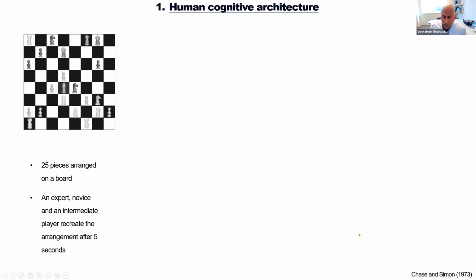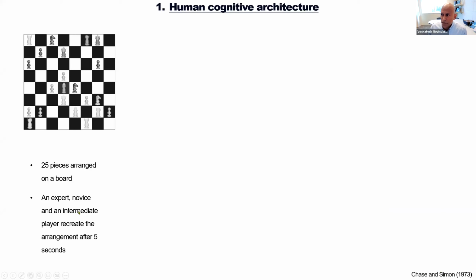Now, I should point out this was not the first study of its kind. There were others before this, including de Groot's study in the 40s. But this is considered a classic paper, so I'll just show the findings quickly. And it includes some really elegant studies. What Herbert Simon did was, by the way, you might be familiar with the name Herbert Simon.